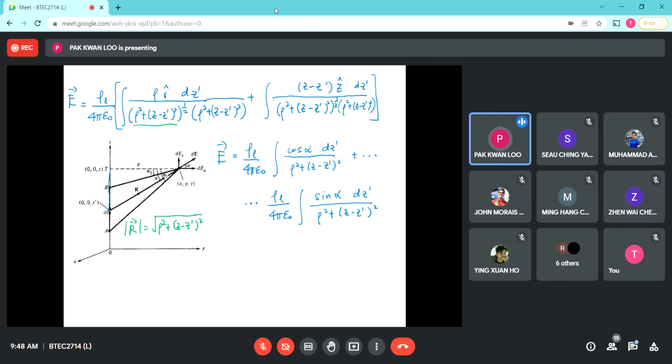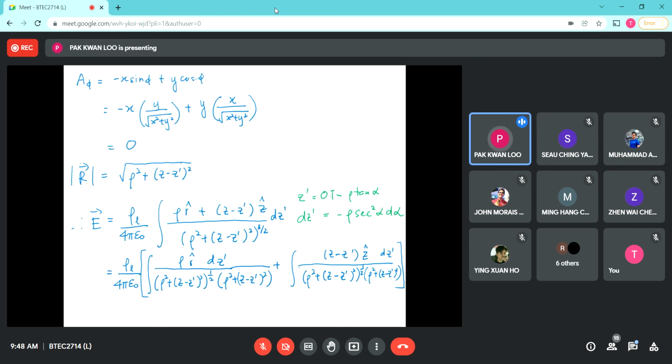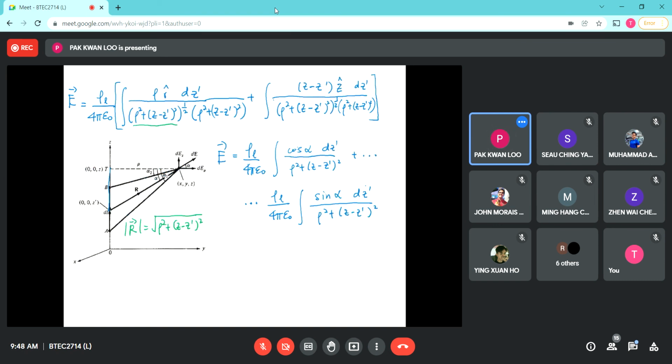And if we substitute z prime as this, then this term here is going to be rho secant squared alpha as well. Sorry, it's a bit lagging.